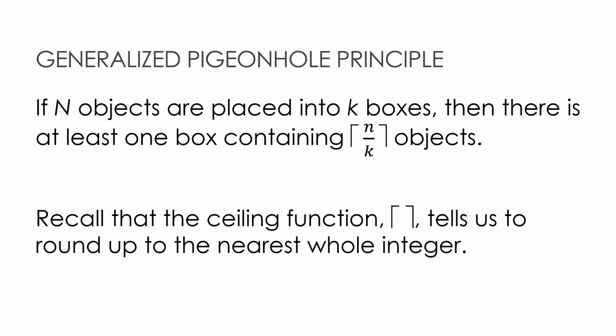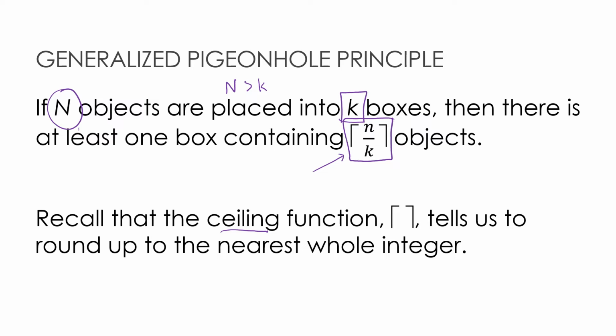So if we're trying to determine n objects in k boxes, where obviously n is greater than k, then we can say that there's at least one box that contains the ceiling of n divided by k, and this is called the ceiling function. And remember, the ceiling function just tells us to round up to the nearest whole integer.